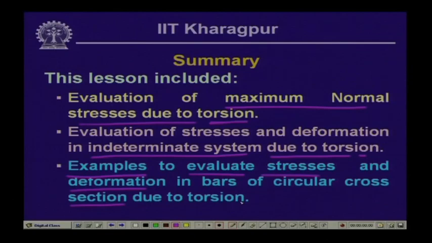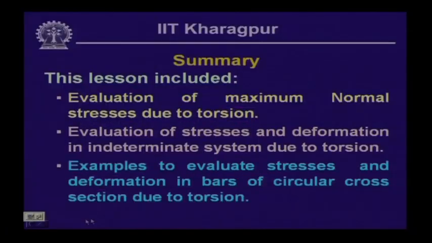So, in this particular lesson we have dealt with the indeterminate system, and we have seen how the internal resisting twisting moment can be evaluated in case of an indeterminate system. In case of a determinate system, we computed it directly from the equations of equilibrium.